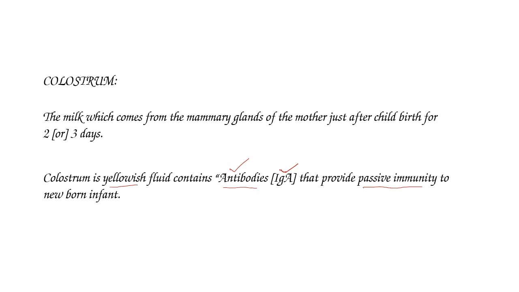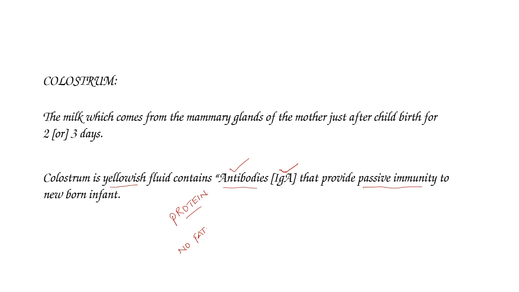Moreover, the colostrum is a yellowish fluid due to the presence of more protein. Mother's milk consists of more protein, casein protein, and there is no fat in the colostrum. No fat, more protein content. Protein is required for muscle development and tissue development. You may study in first PU that tissues, such as muscle, consist of a protein called collagen.